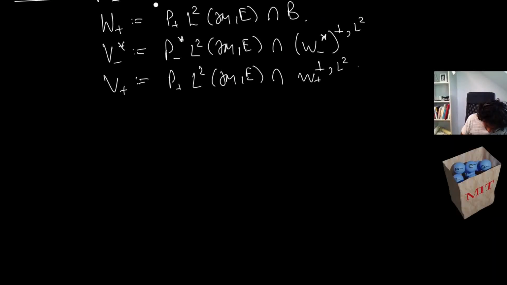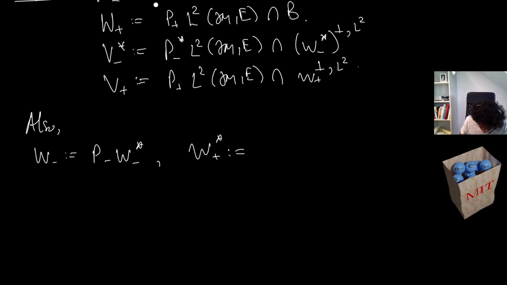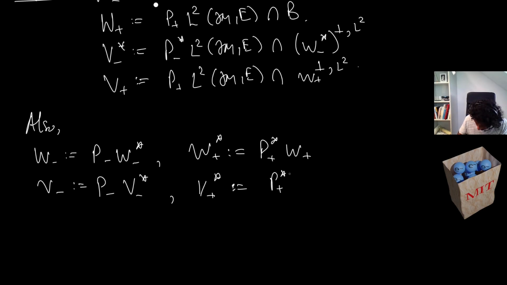Now we write W minus as equal to P minus W minus star. W plus star I'm going to write as P plus star of W plus. And V minus I'm going to write as P minus of V minus star. And V plus star I'm going to write as P plus star V plus.